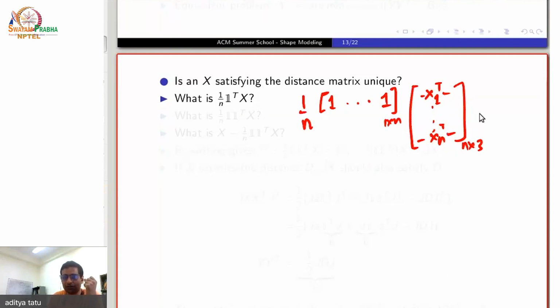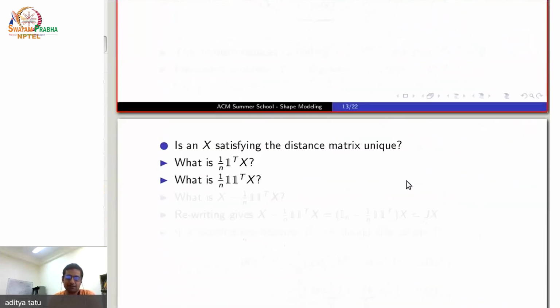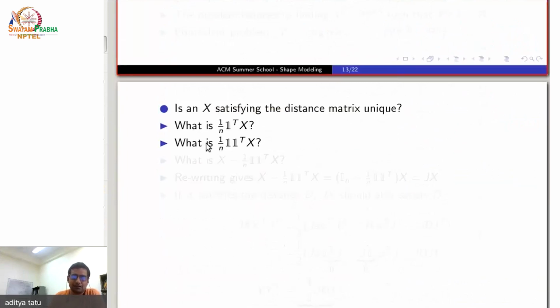It's also going to be a 1 by 3 vector, right? What is this point called? Remember Swayash's session? Is the centroid. Okay. What happens if I multiply this vector 1 to this centroid vector?